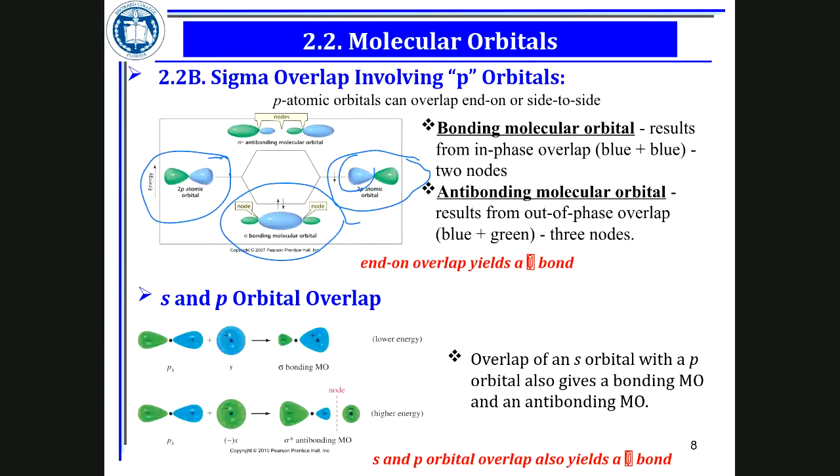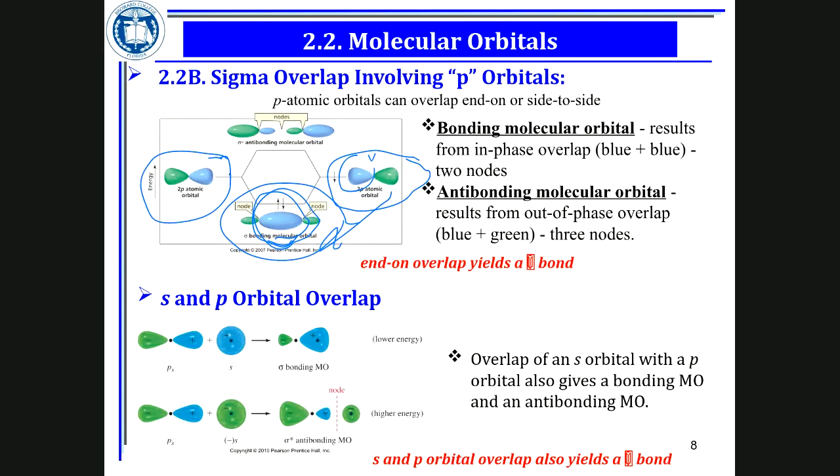There is overlapping, and it's creating this more stable, bigger cloud, because you have 2 small clouds, and when they join, it gives you a bigger cloud. That bigger cloud is called your molecular orbital. Your molecular orbital, compared to the atomic orbital of the p orbital, is going to have less energy and be more stable.